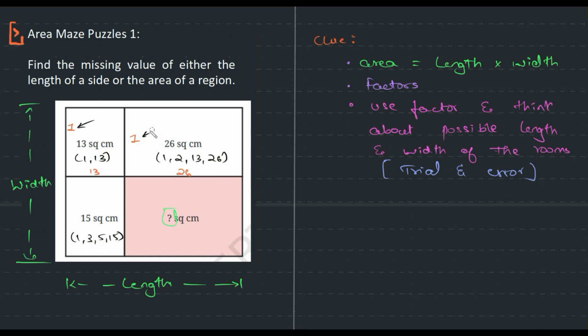What trial did I do? I assumed that since this length looks bigger, I'll take it as 26 and this has to be 1. How did I figure that out? 26 into 1 is 26. I made use of the area formula.